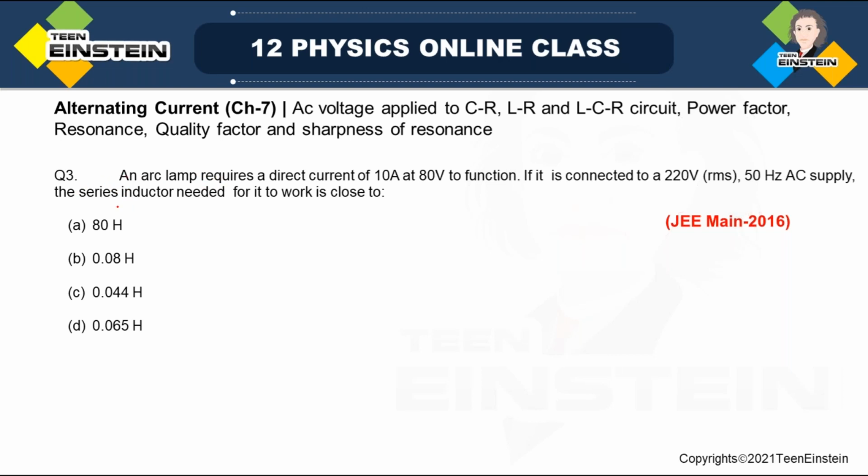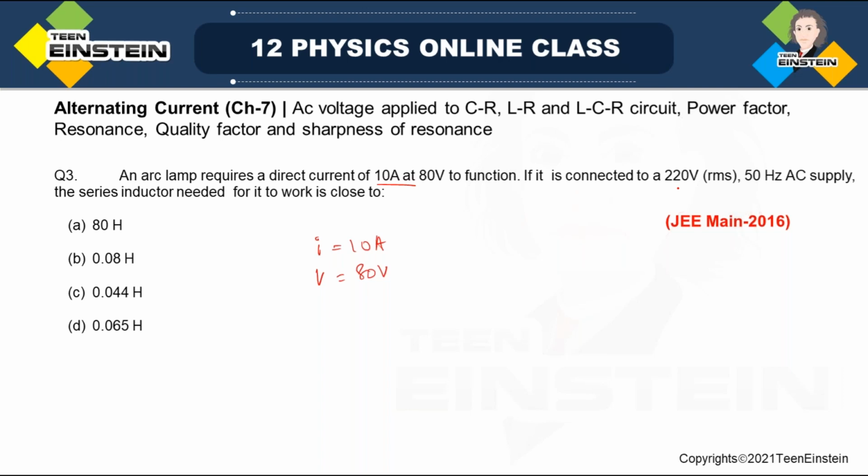Now in this question number 3, an arc lamp requires a direct current of 10 ampere. So I is 10 ampere. This is direct current or DC current, and voltage V is 80 volt.